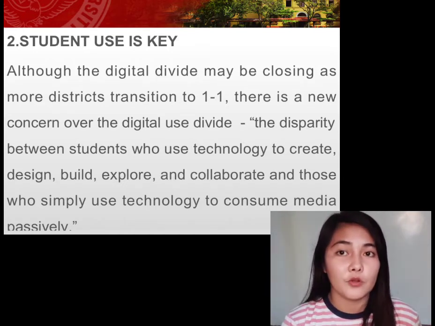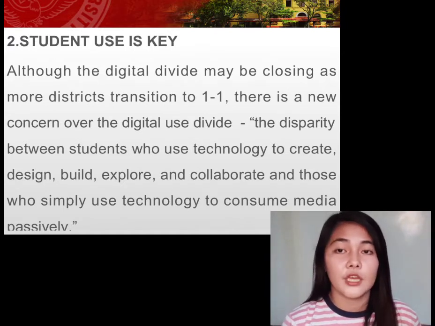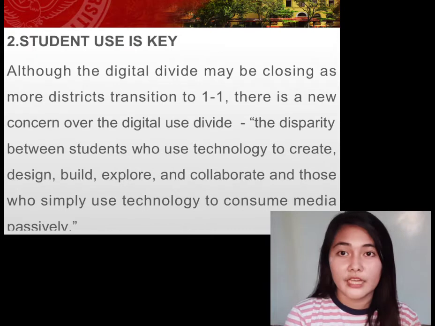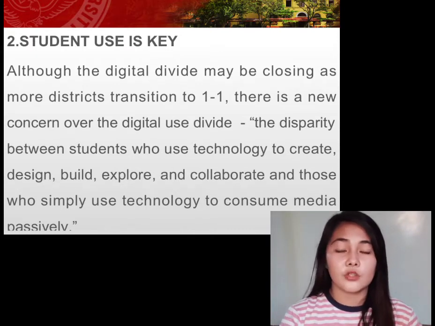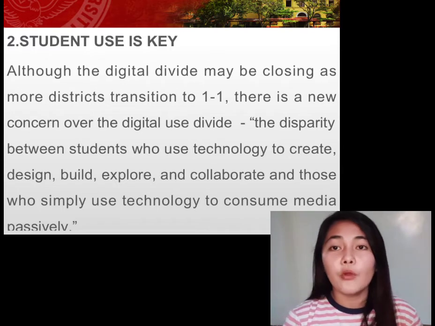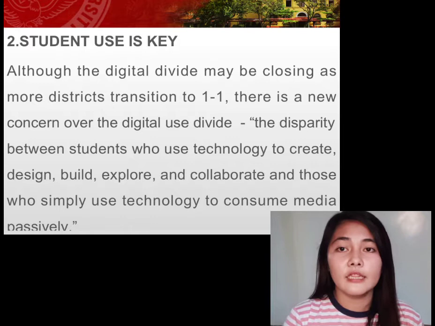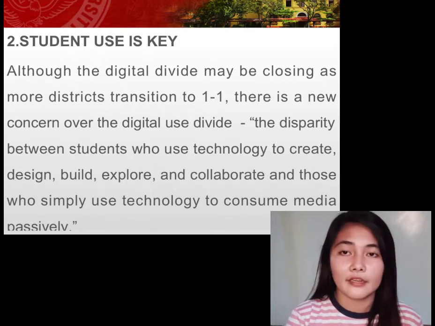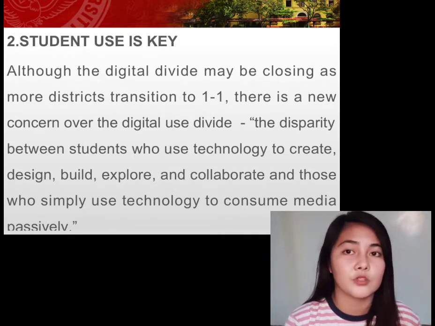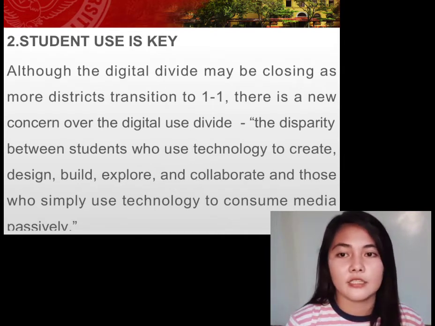So in teaching and learning, of course it involves students and teachers. It is a must to communicate with the students so that we will know what we need to supply to their necessities when it comes to their learning process.